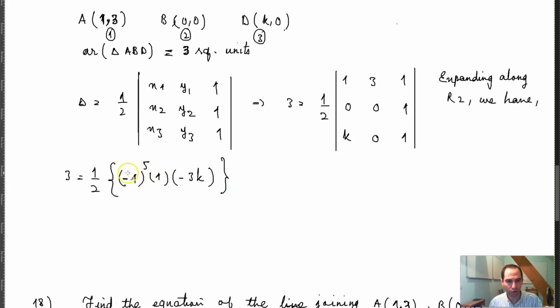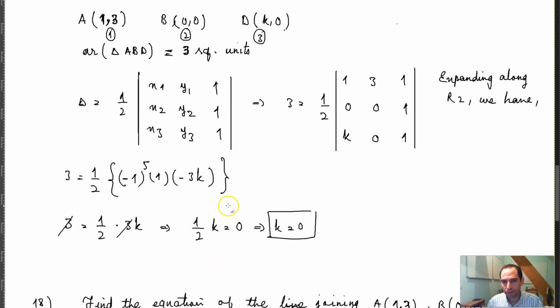So you have -1 times -3k is +3k, so 3 is equal to 1/2 times 3k, and 3 you can cancel out, so 1/2 k is equal to 0, which means that k is equal to 0. Which doesn't make any sense actually.